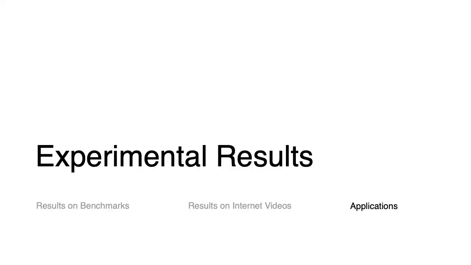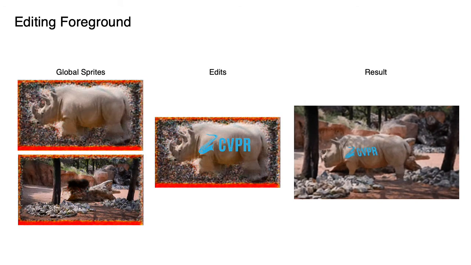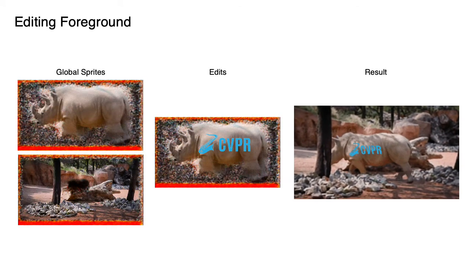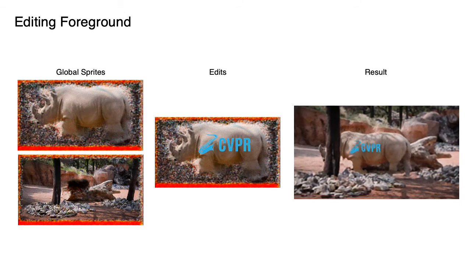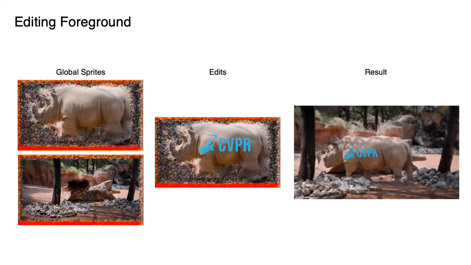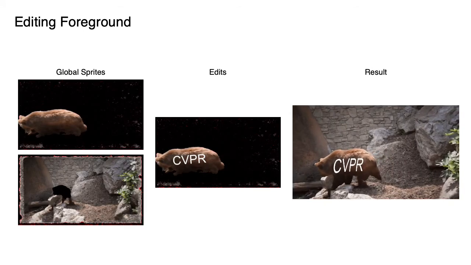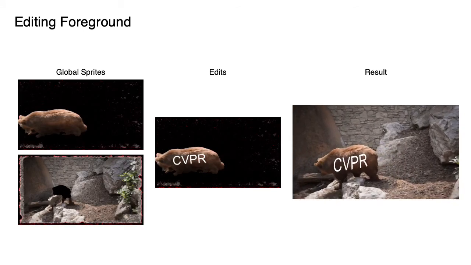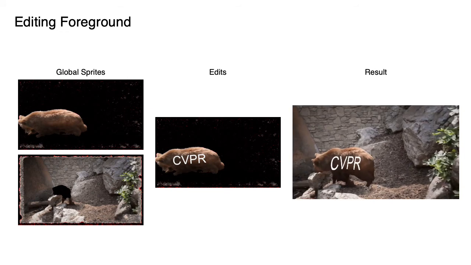Finally, we demonstrate video editing applications using our Deformable Sprites decomposition. By directly editing our sprite images, we can consistently propagate edits across the entire video. Note how the logo deforms with the articulated foreground.